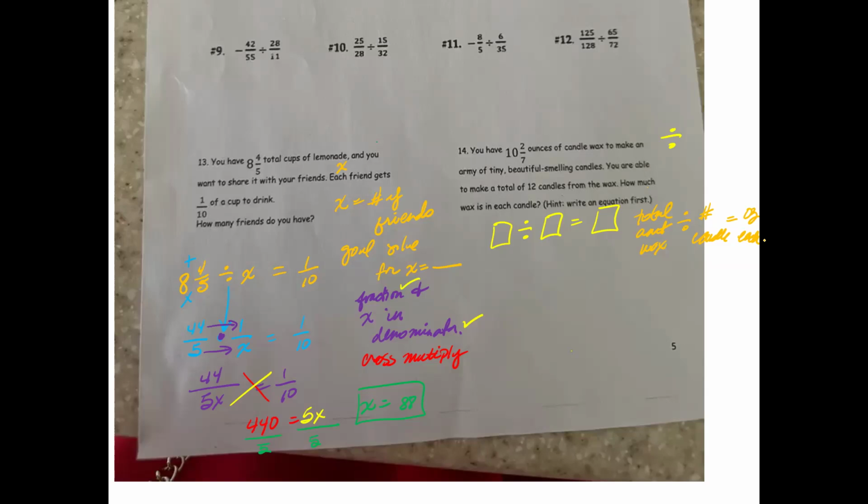So what's your first number? The total amount of wax is the first number. So which number represents the total amount of wax? 10 and 2/7, divided by 12, the total number of candles, equals what?